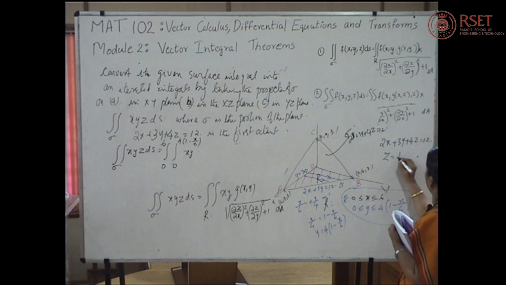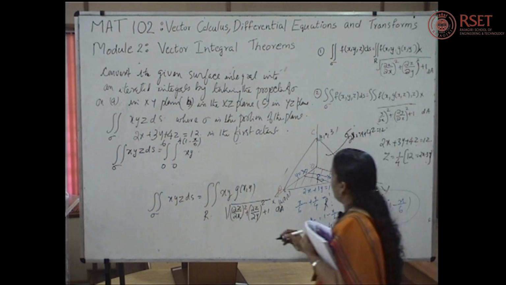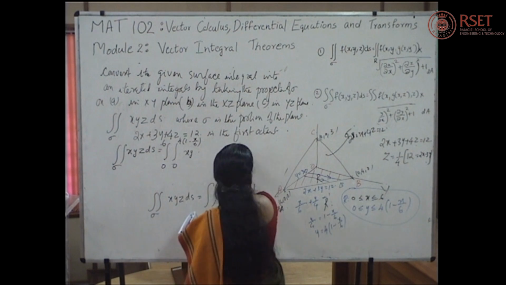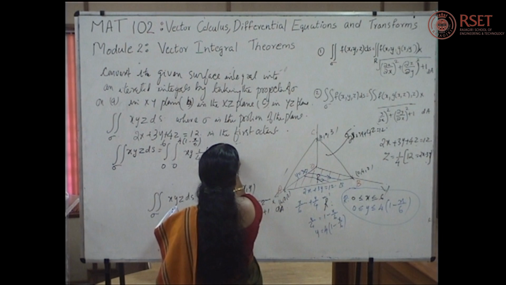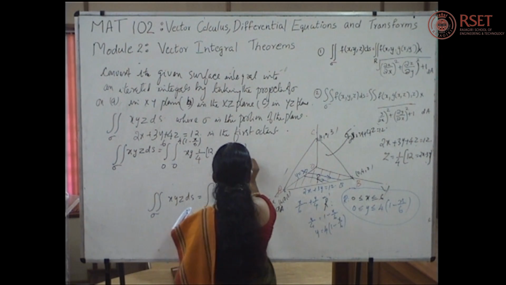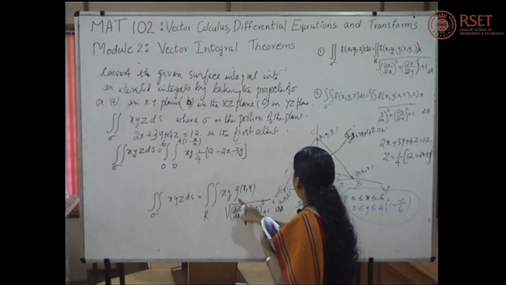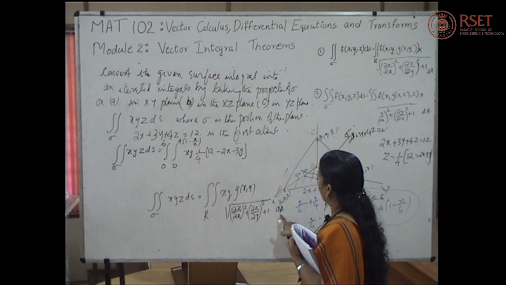Therefore, z is equal to 1 by 4 into 12 minus 2x minus 3y. Therefore, xyz is equal to, that is g of xy is 1 by 4, 12 minus 2x minus 3y dA, square root of dou z by dou x whole square plus dou z by dou y whole square plus 1.